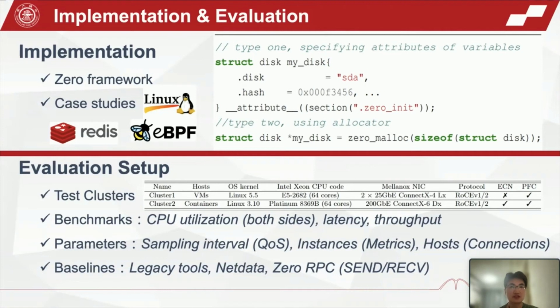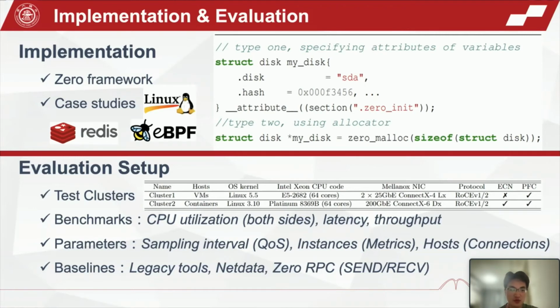We evaluate Zero by CPU utilization at both agent and controller sides, monitoring latency, and throughput. We also test Zero with different parameters, including sampling intervals, different numbers of instances, and different numbers of hosts or connections.